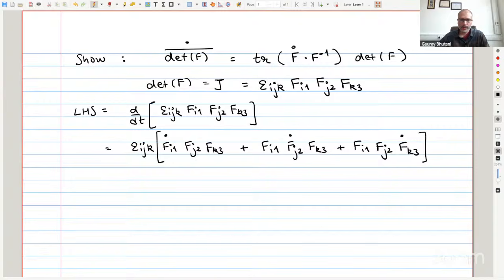Now what we do is we write the expressions that we have here, let's look at these ones. We'll try to express them in terms of the cofactor of a matrix. So let me show you what that is.